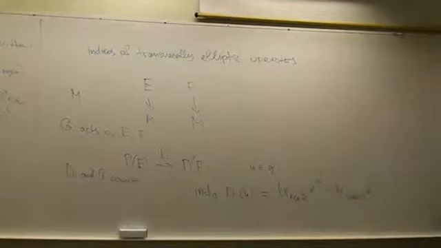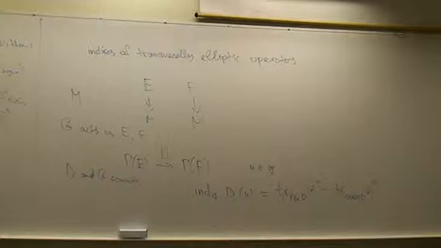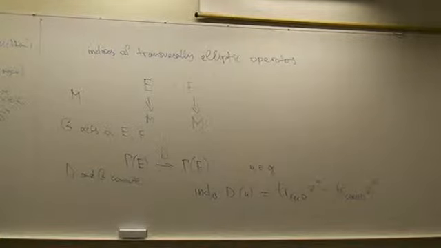So more precisely, if you expand those characters in the irreducible representations of G, then each irreducible representation appears in the sum with finite multiplicity. And it's possible to compute those multiplicities precisely.